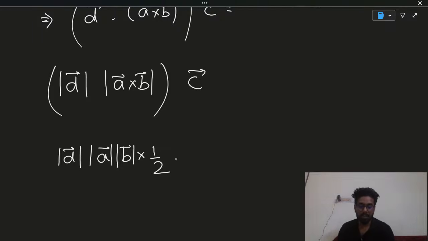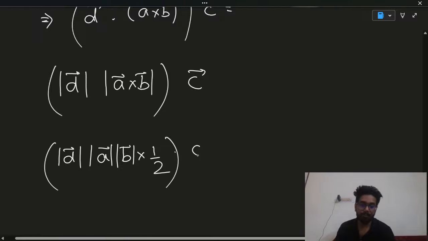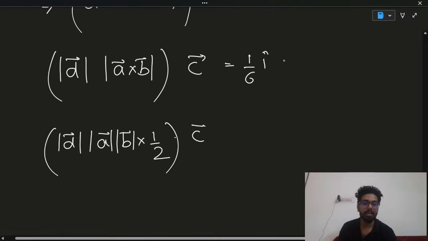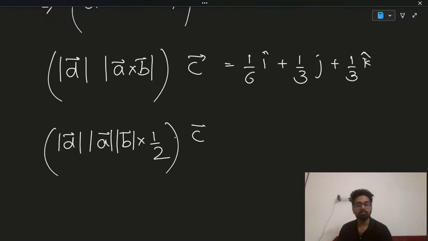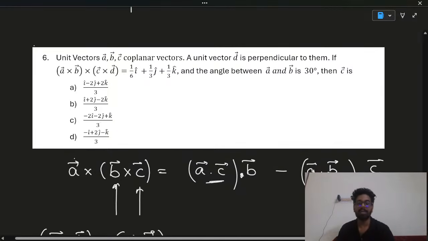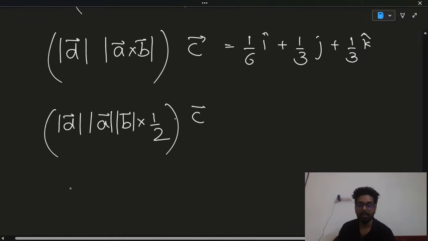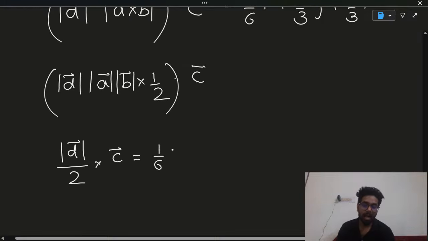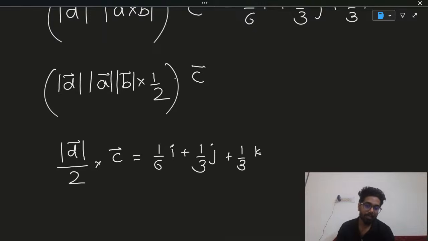So D cross this into C is equal to 1 by 6 i cap plus 1 by 3 j cap plus 1 by 3 k cap. What is the magnitude of A and B? Let's read the question again. Unit vectors. They are unit vectors. So magnitude of D into 1 into 1 into 1 by 2 into C is equal to 1 by 6 i cap plus 1 by 3 j cap plus 1 by 3 k cap.